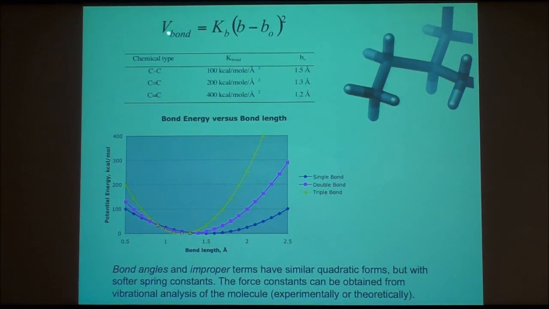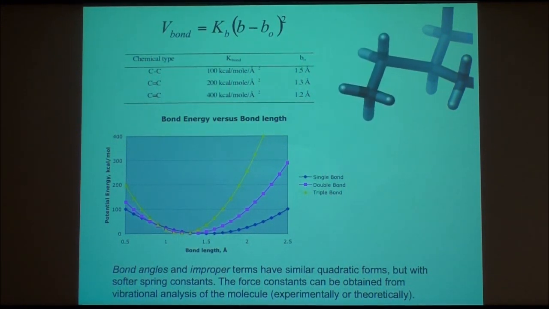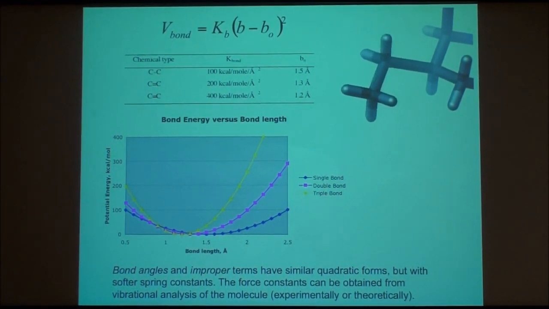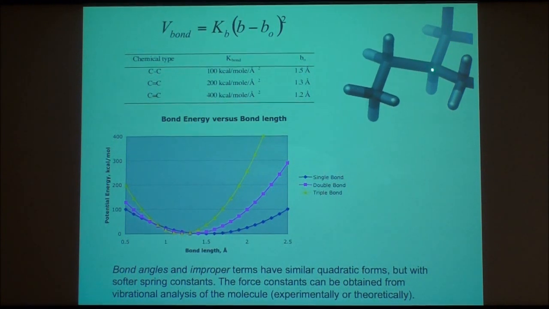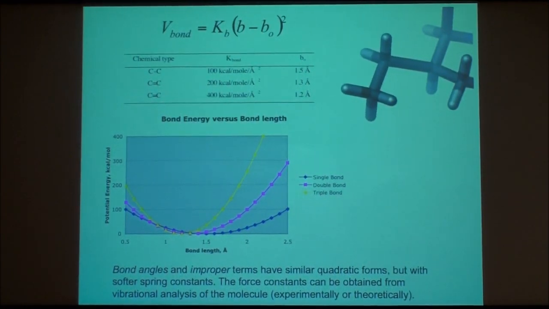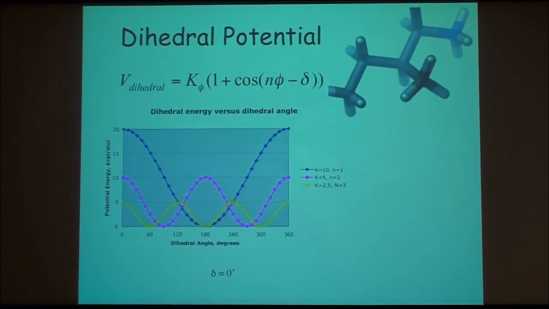Actually, the bonded interactions are the highest frequency degrees of vibration, and you expect them to have the highest force constants. So these are usually on the order of 100 kilocalorie per mole per angstrom squared, meaning that if you stretch or compress this bond by 1 angstrom, you will increase the energy of the system by 100 kilocalorie per mole. Pretty strong and stiff, very difficult to change.